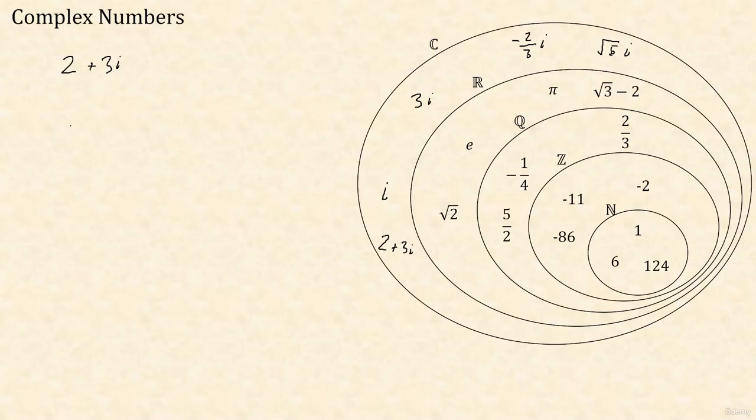So we can think of, in general, a complex number being one that we can write as a plus bi, where a and b are real numbers. And so we think of a complex number as having a real part and an imaginary part. So this is our new family of numbers. And what's interesting about this is, in all other cases, we ran into trouble.